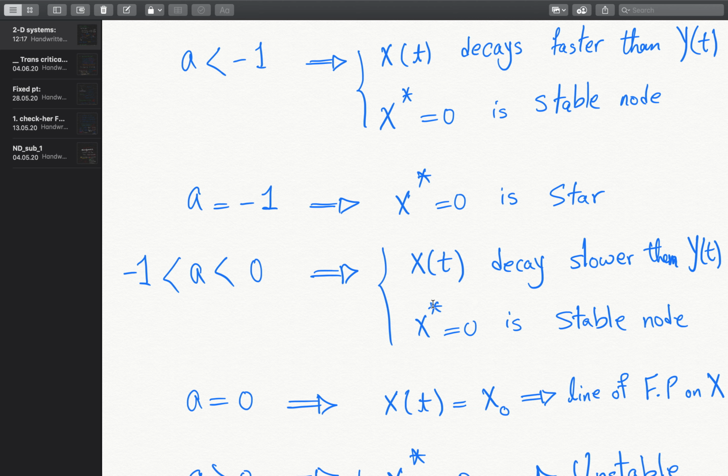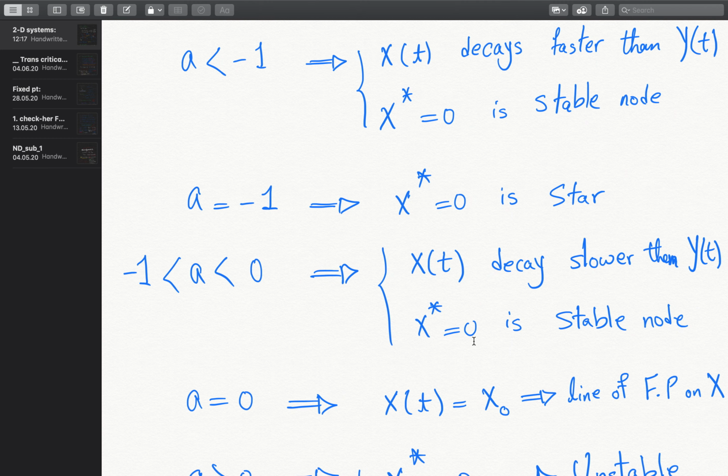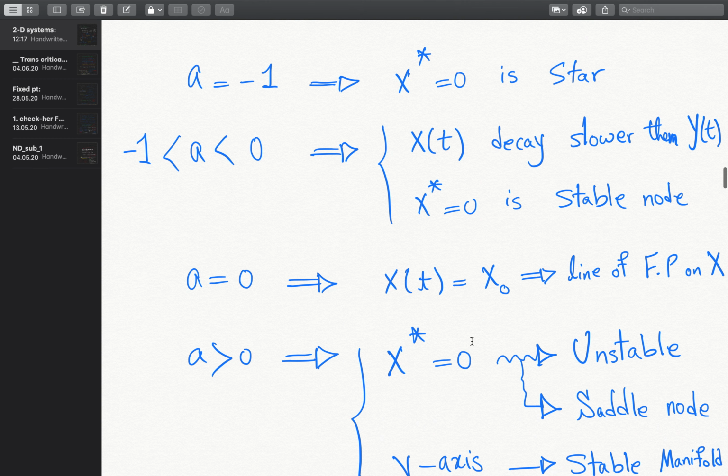And again, you can see the difference in the decay and the growth. In contrast with the previous one, here x decays slower. Here I have a very big change in y but a very small change in x. So x is slower than y.